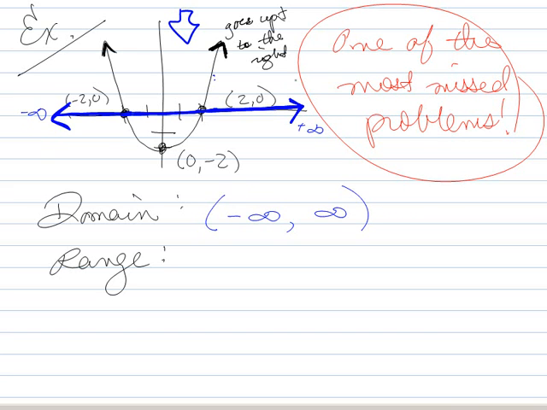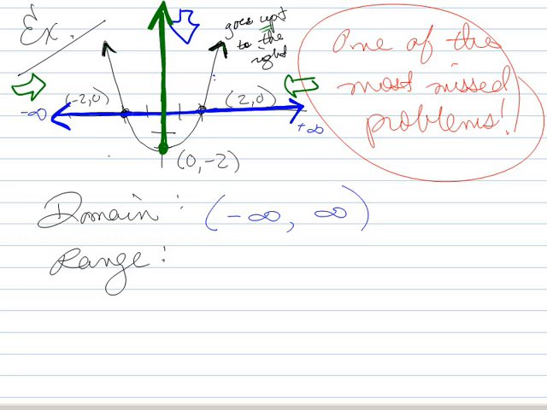Now for my range, remember my little kind of mosquito slap, I'm going to smush the graph onto the y-axis. So this corner here goes up forever and ever, and this corner here goes up and up forever and ever. So my range better go up and up forever and ever. It comes down, it comes down, it comes down, and it's going to stop here.